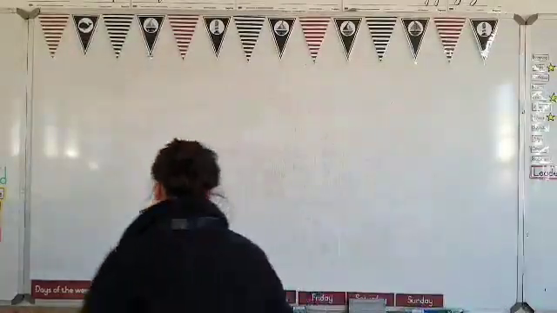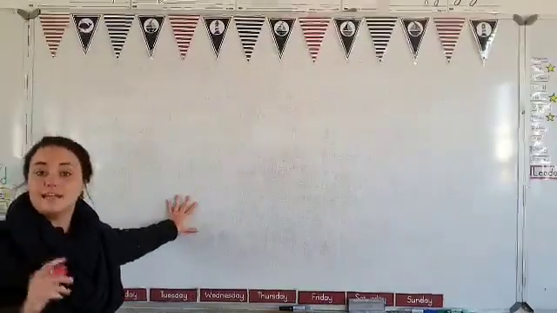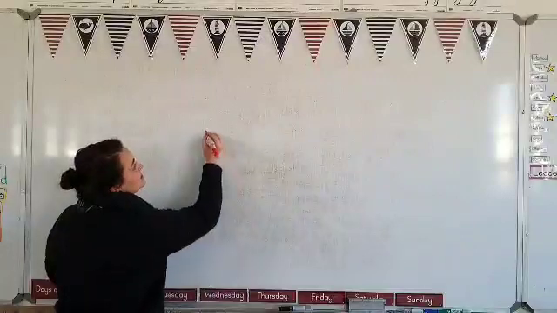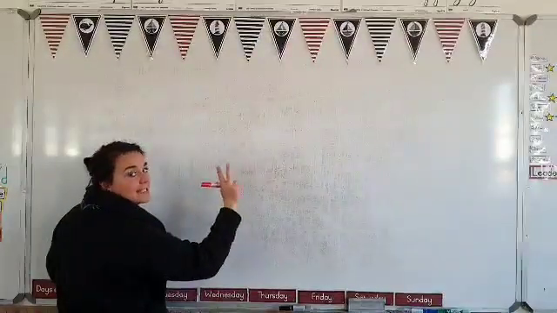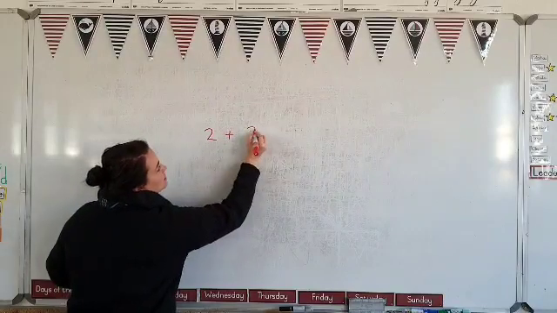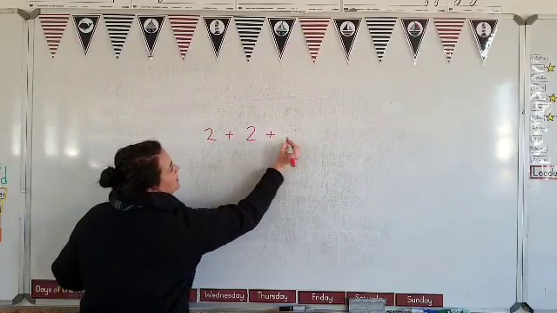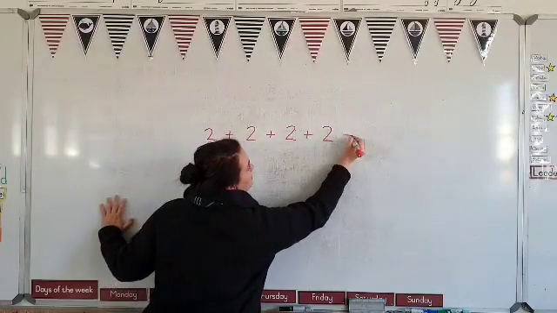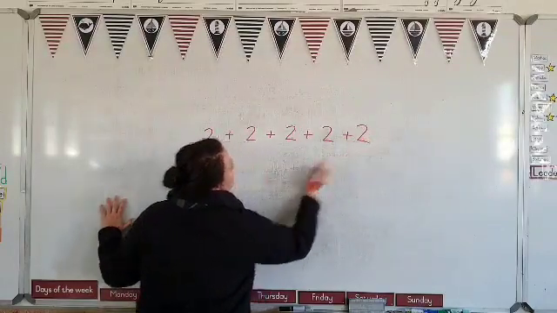So if we would have done it in addition, it would have been, remember there are 5 tables and 2 chairs each. So it would have been 2 plus 2 plus 2 plus 2 plus 2.